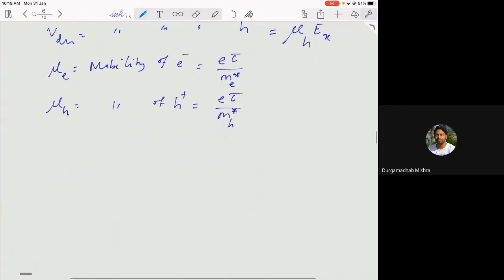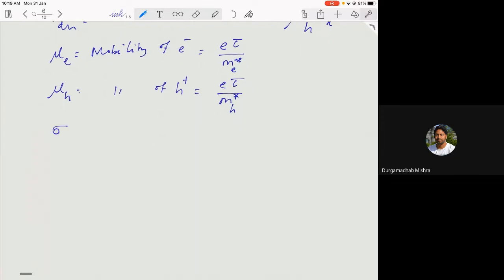And this conductivity that we wrote is in terms of the classical Drude model. So here we are saying both electron and hole will contribute to the conductivity, which is always true for a semiconductor.